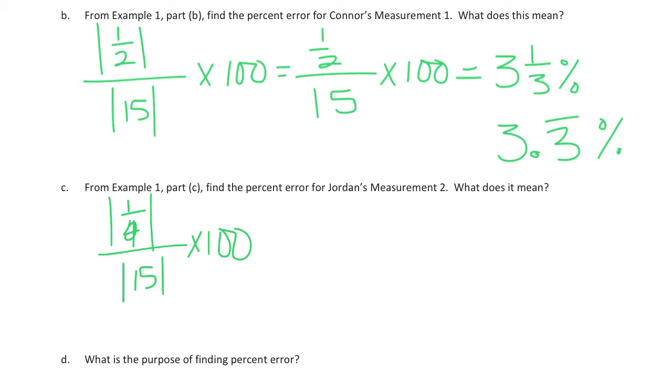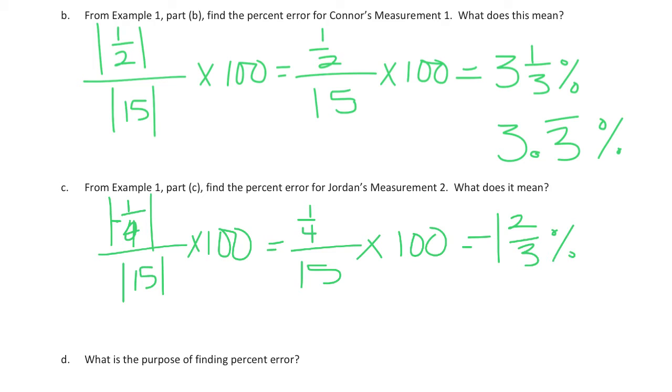We calculated that same computation up at the top. Oops, it was negative 1/4 there. But when we take absolute value, 1/4 divided by 15 times 100, and so we get 1 2/3%, or 1.6 repeating percent.